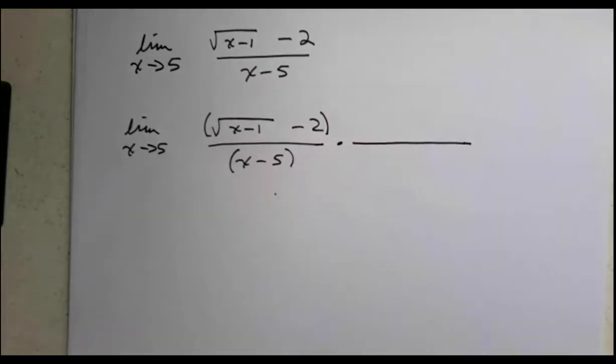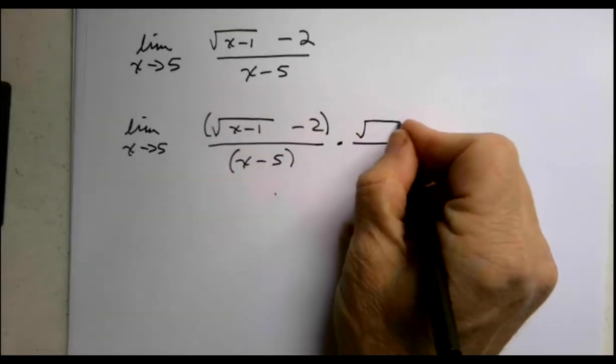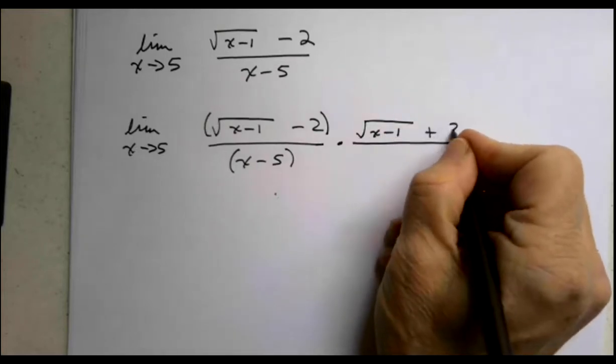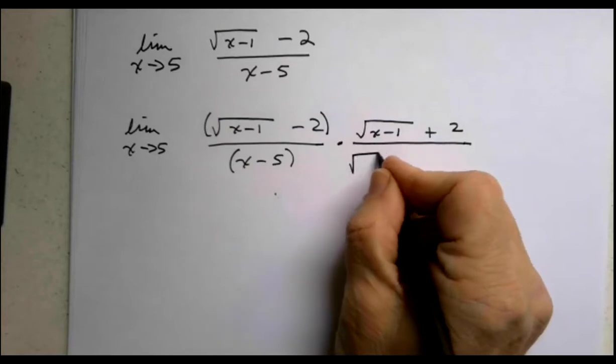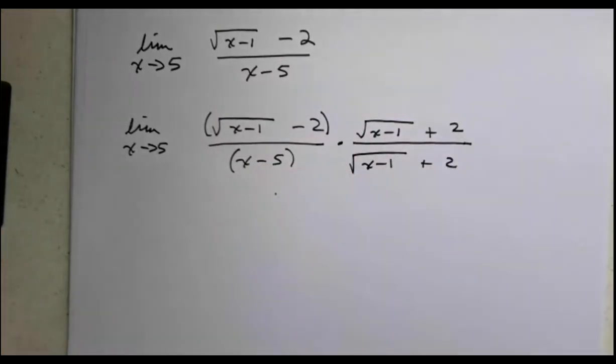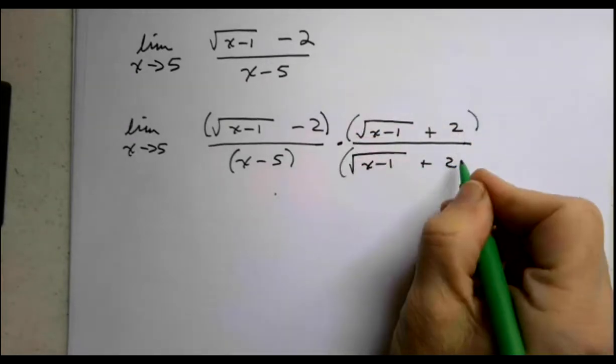Multiply top and bottom by the conjugate, this time of the numerator, conjugate of the top, root x minus 1 plus 2, and on the bottom, root x minus 1 plus 2. So that's what we've done, multiplied by the conjugate on top, multiplied by the conjugate on the bottom.